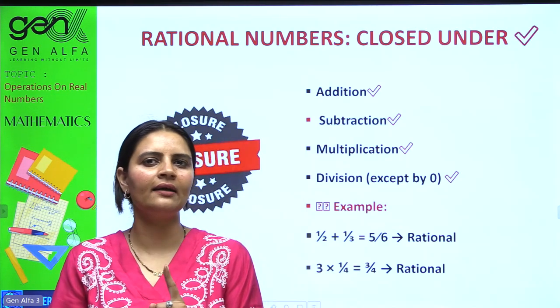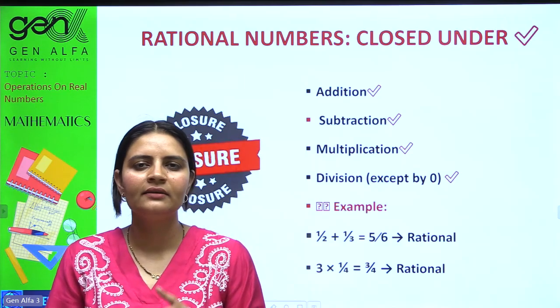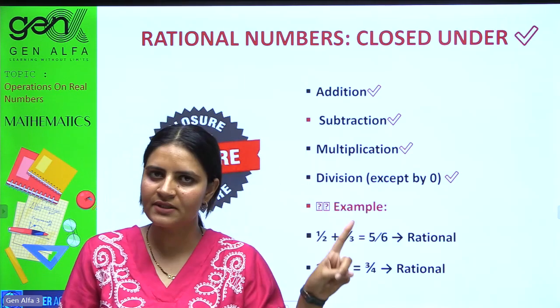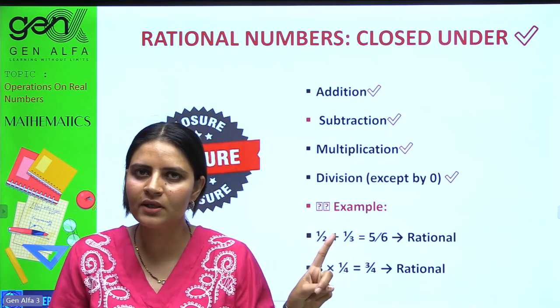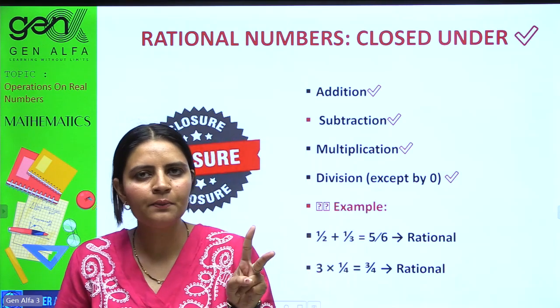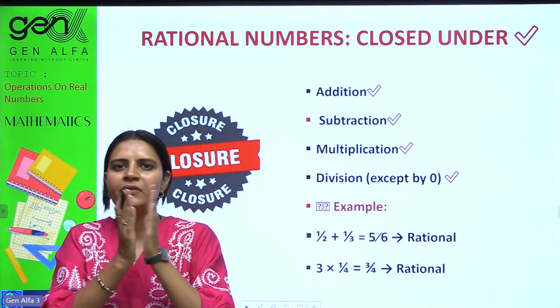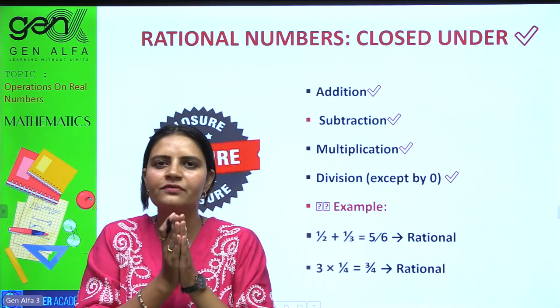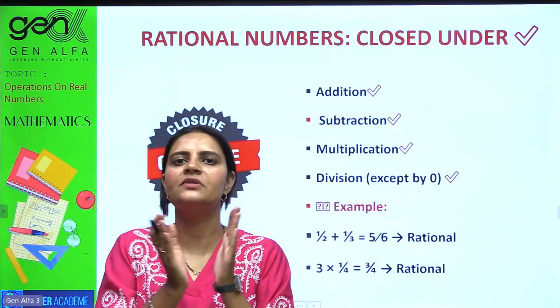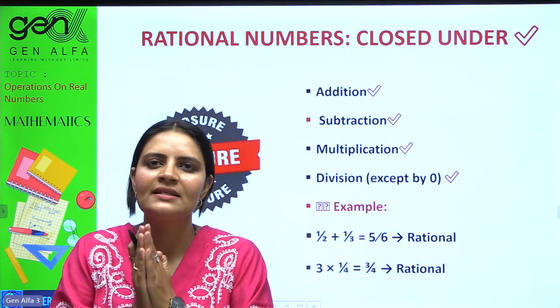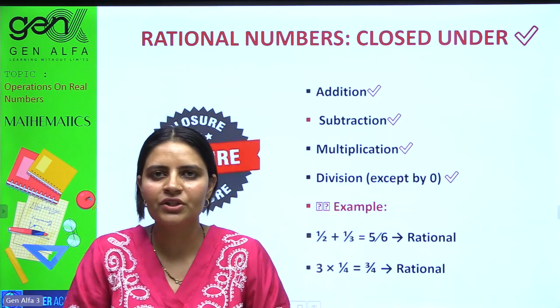The only thing is that the two numbers are from the same set. I'm taking rational numbers. Whichever operation I apply, adding, subtracting, multiplying or dividing, the result should belong to the same set. That shows your closure property.